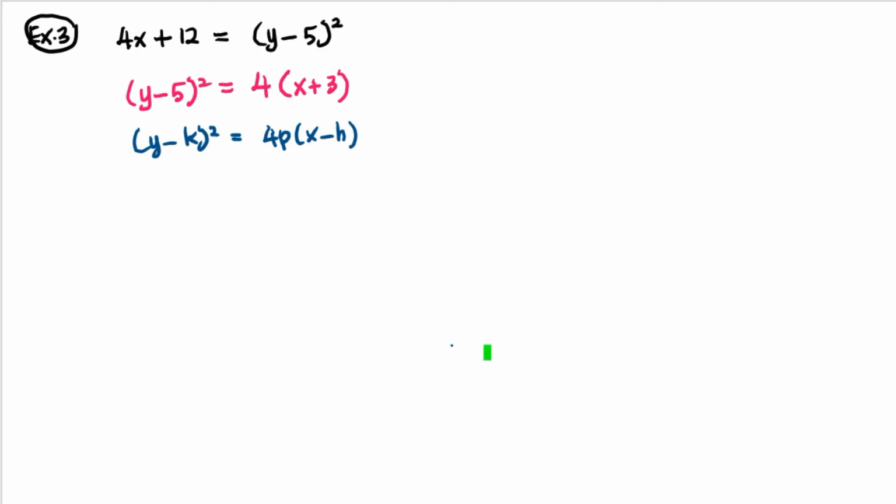Comparing the values for h and k, our vertex is h equal to negative 3 and k equal to 5. Now to get the value for p, we have 4p equal to 4.